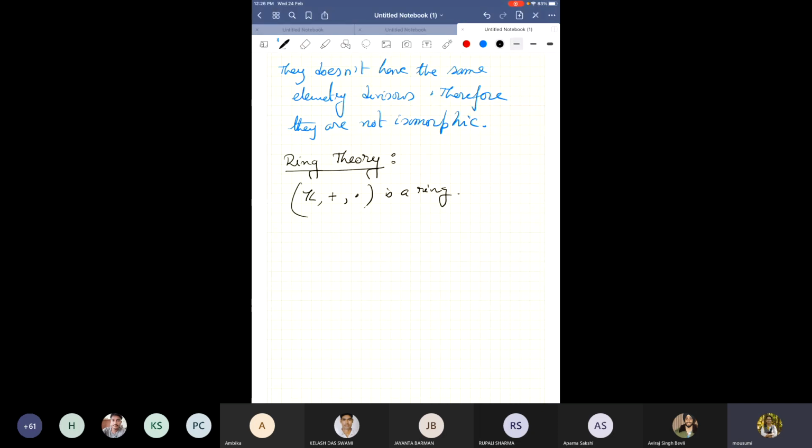We know that this is a group with respect to addition, and with multiplication I have the multiplicative identity, and the multiplication is associative. That much we know. What about the rational numbers? In the rational numbers, do we have two operations?